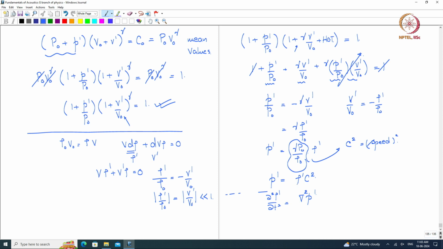So, if I now bring in this definition in here, I will get del square of P dash is 1 over C square del 2 P dash by del t square. So, that is the acoustic wave equation.